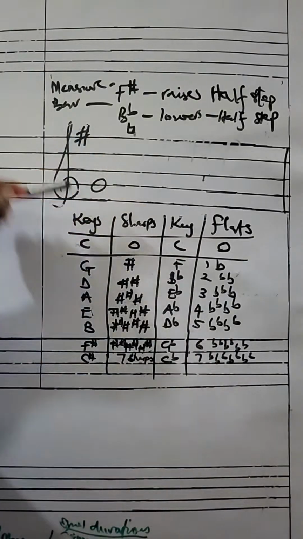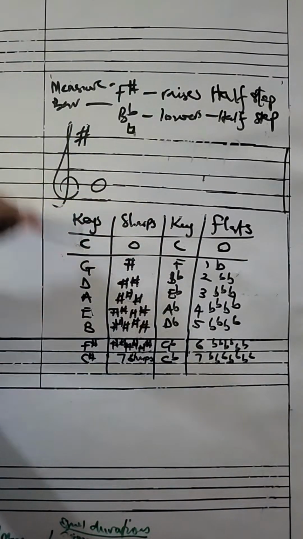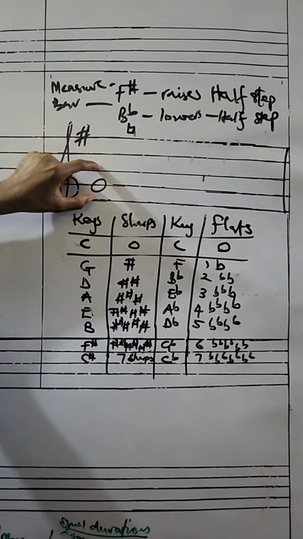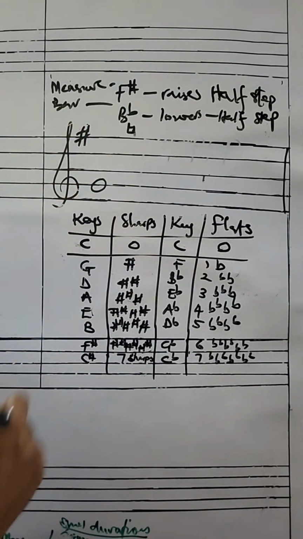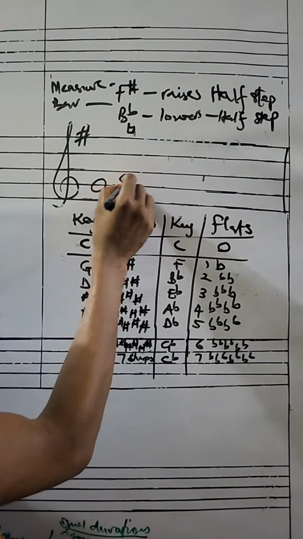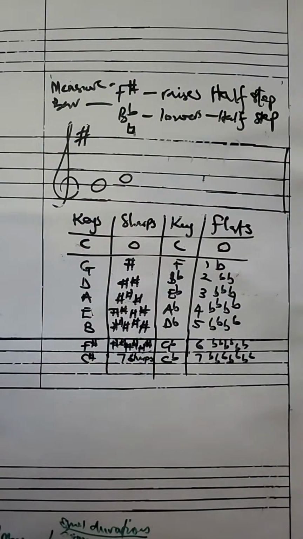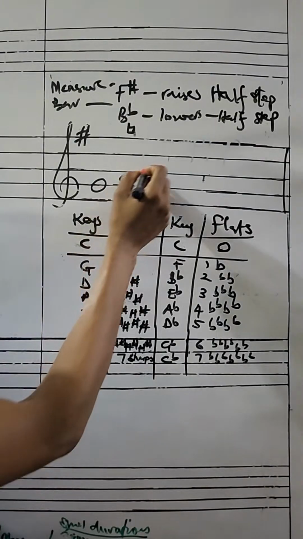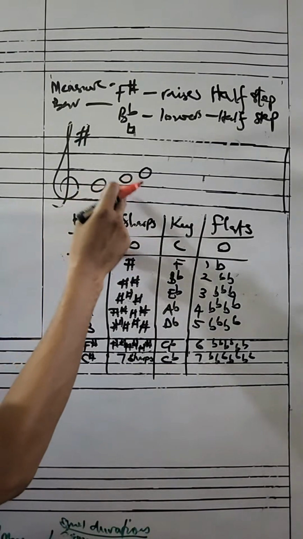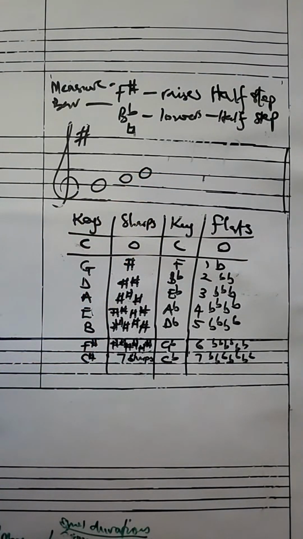So the G, this is your tonic. Don't forget I mentioned tonic here. Tonic is your chord 1, your first chord. Your chord 2, which is a minor chord in a major scale, is your A. Your chord 3. So this is your do, re, mi. Can you see it now?